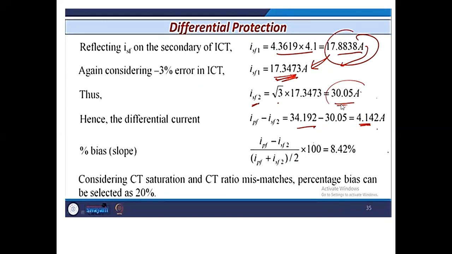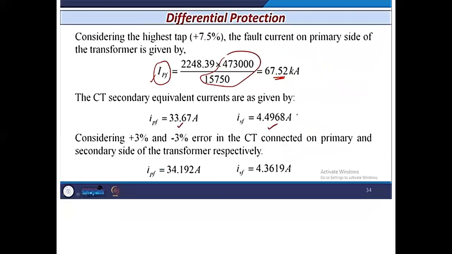In the previous case, the value on the primary side CT secondary is 34 ampere, and on this side we have 30.05. So the differential current will be 4.12 ampere.